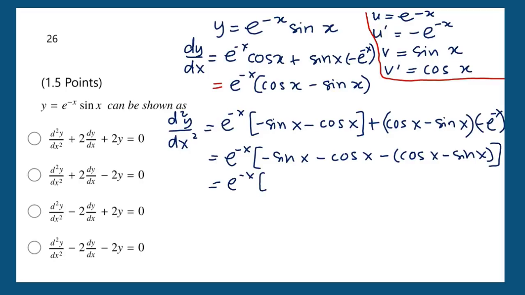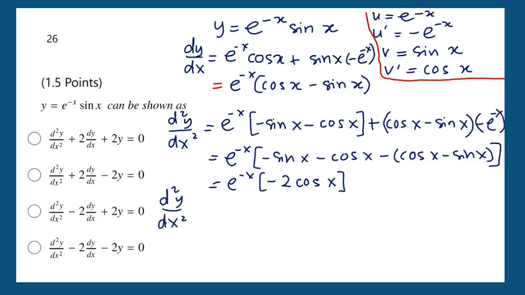Negative sine x plus sine x will be equal to 0. Negative cos x minus cos x will be equal to negative 2 cos x here. Okay, and you can see that there is no exponential function or cos in the answer, so we are going to write this as d2y/dx squared.